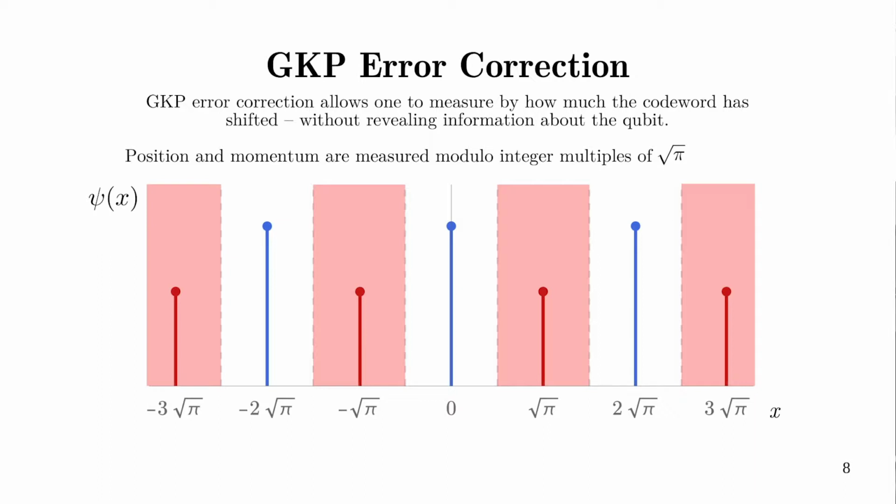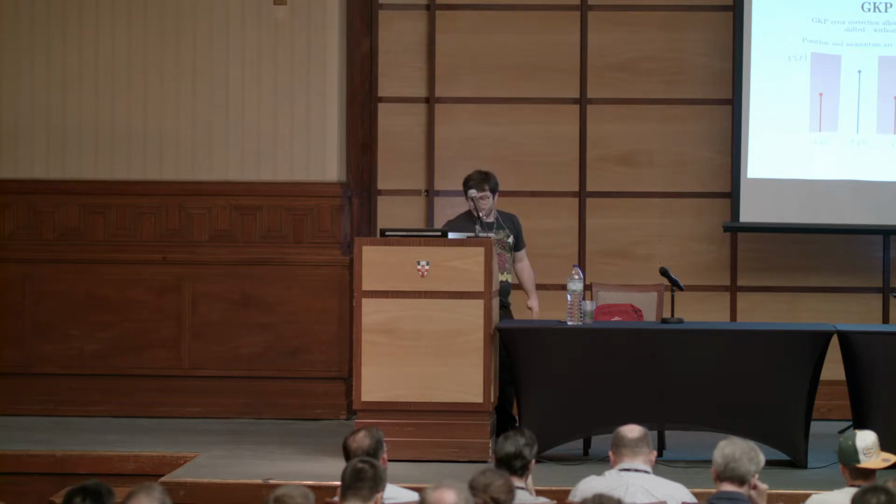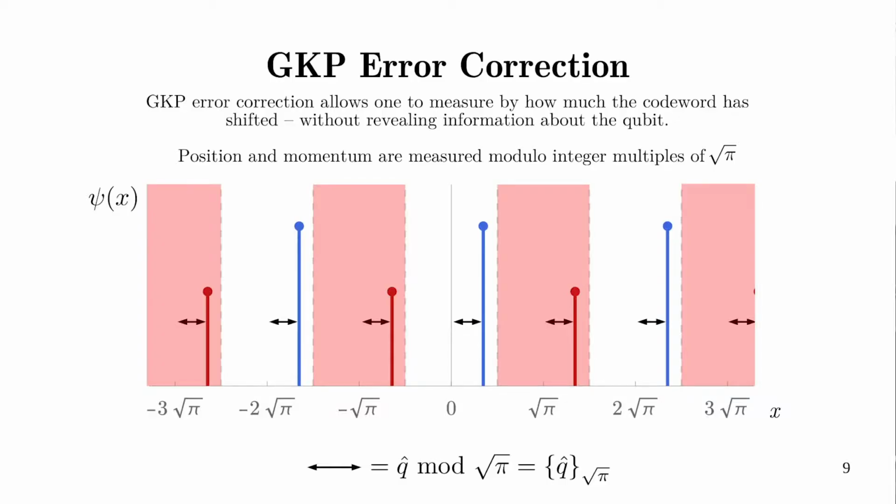So GKP error correction we can see as a gadget, a CV quantum circuit, that acts by telling us the value of this quadrature mod root pi operator, so that we can shift the state back. We can snap it back to grid without knowing what the logical information actually was.